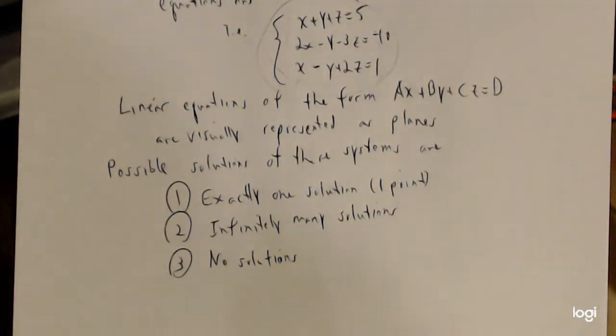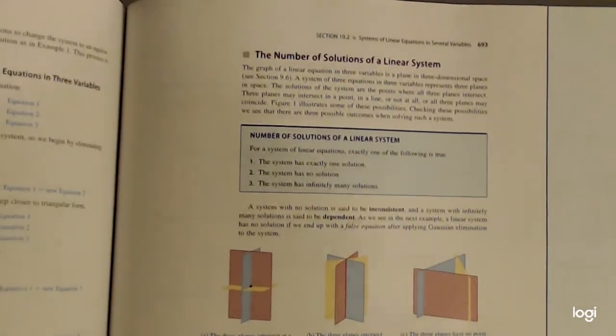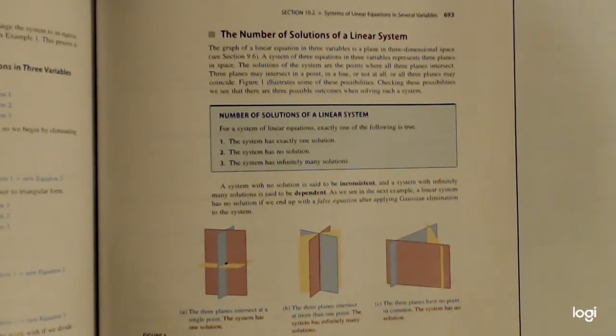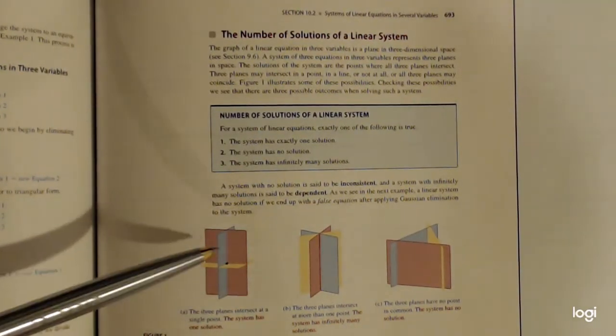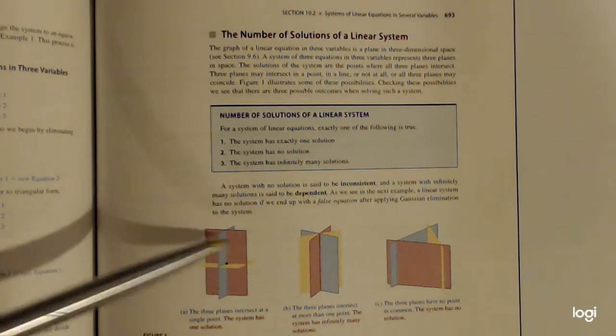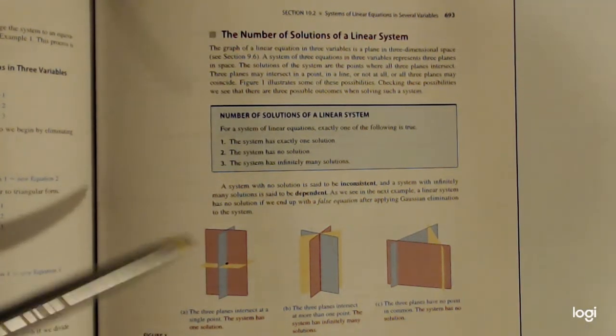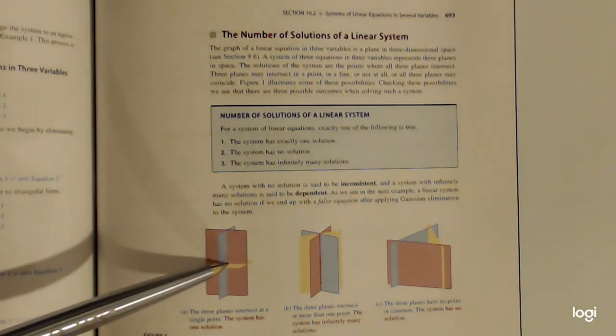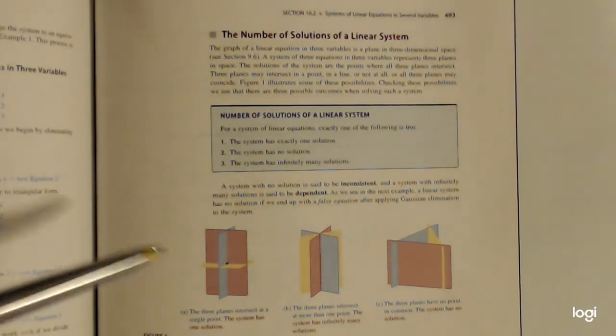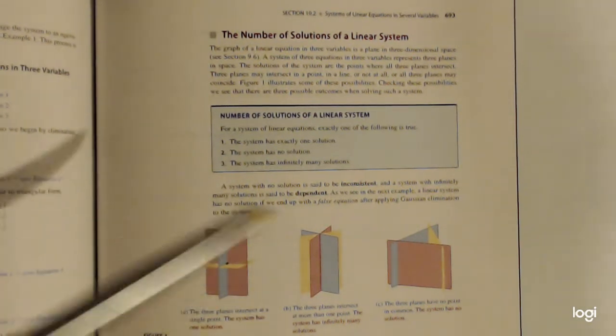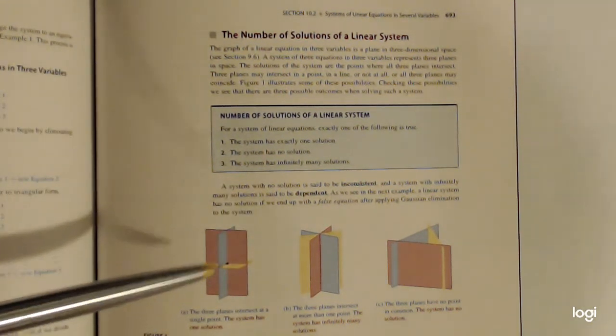So visually speaking, here's what we're looking at. If I bring the book over, here's what we have. What do we notice here? We have 3 planes: the red plane, the blue plane, and the yellow plane, and these 3 intersect at just that one point right there. So we could see that this has only one solution. Now, where's the case for infinitely many solutions?